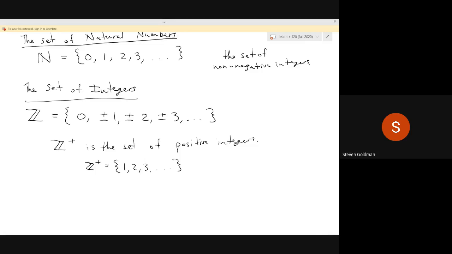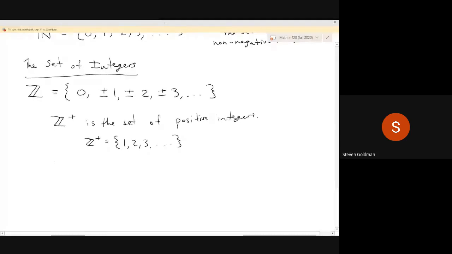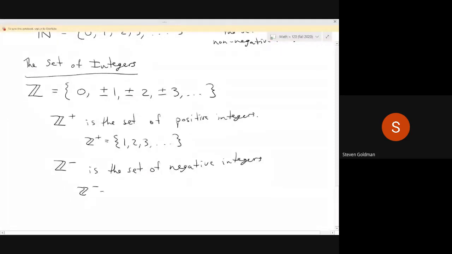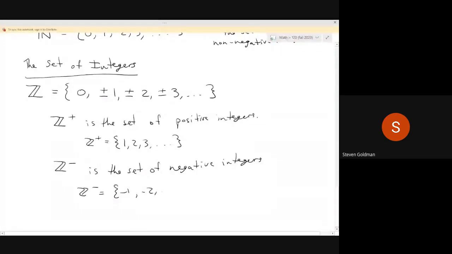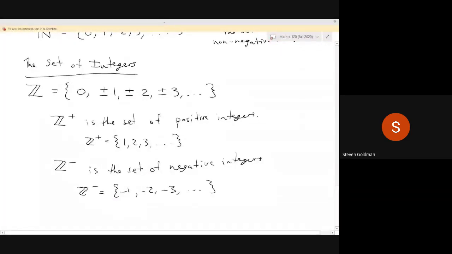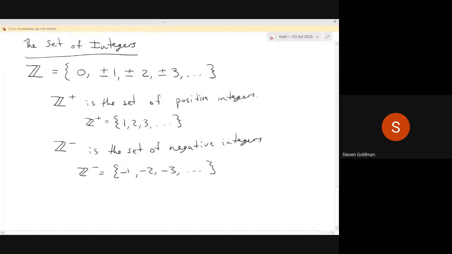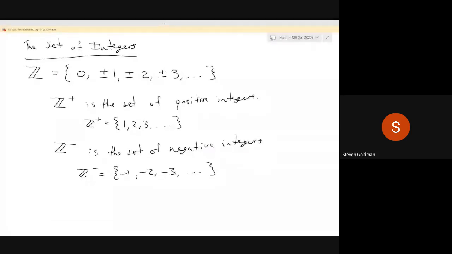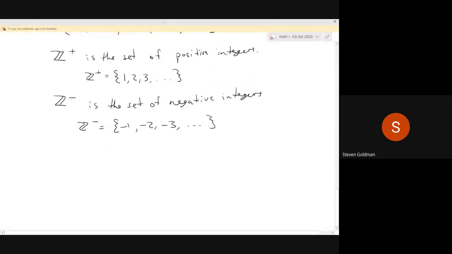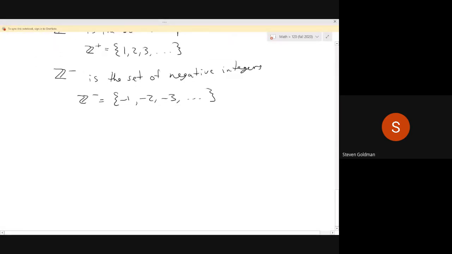And Z minus would be the set of negative integers: negative 1, negative 2, negative 3, etc. The next set would be the set of rational numbers.